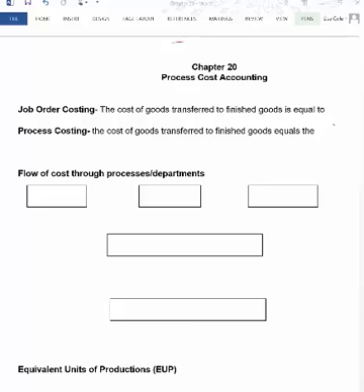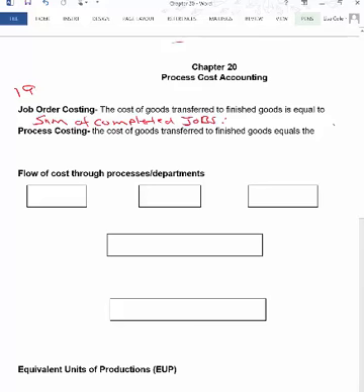Chapter 20 deals with process costing. In Chapter 19, you looked at job order costing. In job order costing, the cost of all goods transferred to finished goods is equal to the sum of completed jobs, so we track costs by jobs.